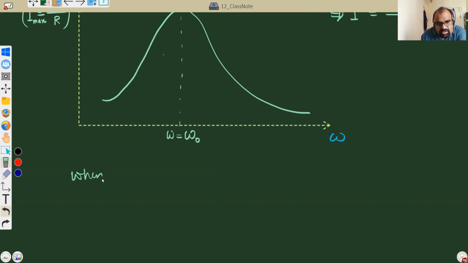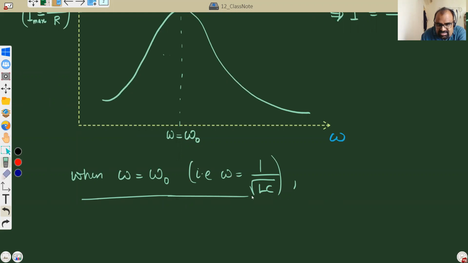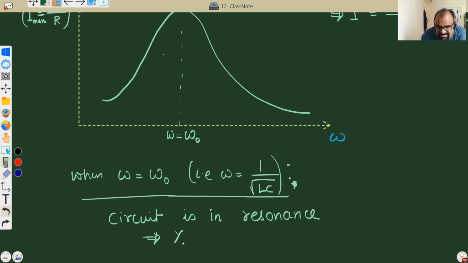When omega is omega naught, that is omega is 1 by root LC, the circuit is in resonance. That means XL and XC are cancelling out each other.